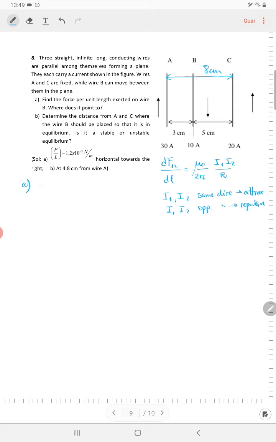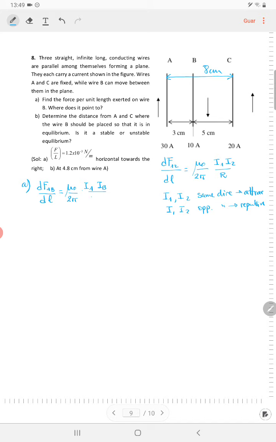So we can begin by the force exerted on B provided by the wire A. So we can calculate the force per unit length, and this is going to be equal to mu sub 0 divided by 2 pi times the current in A, the current in B, divided by the distance between them.